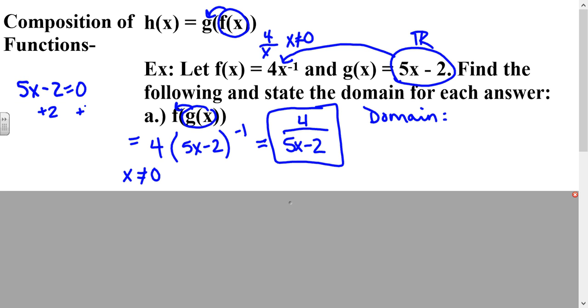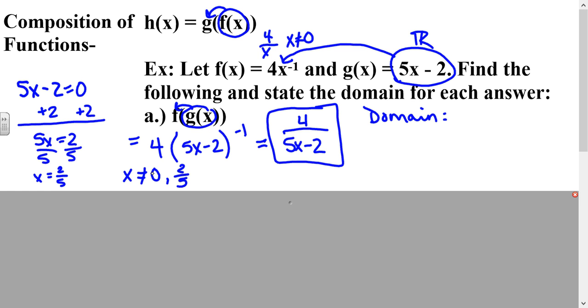And then I have 5x equals 2, so I divide by 5. So x equals 2/5. So I know that I cannot plug in 2/5 for x also, because then my denominator equals 0. So to write my domain, this one's going to be 3 parts.